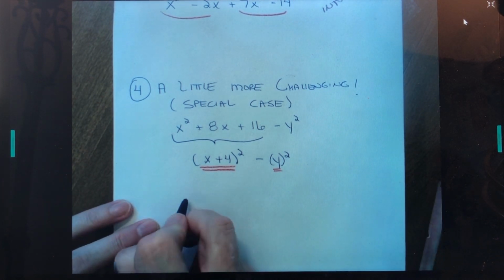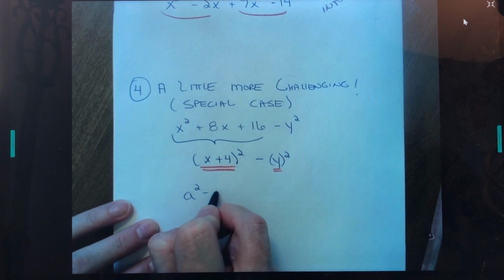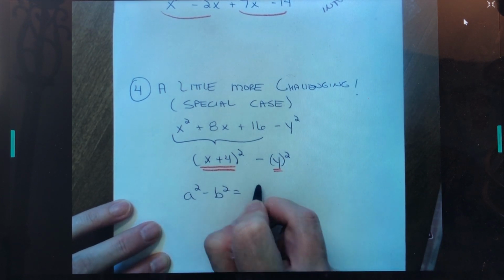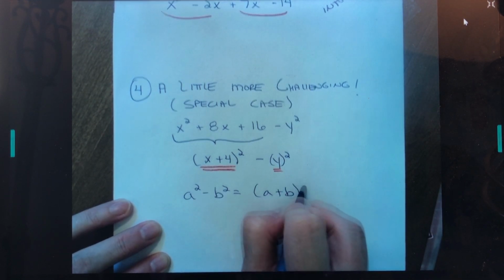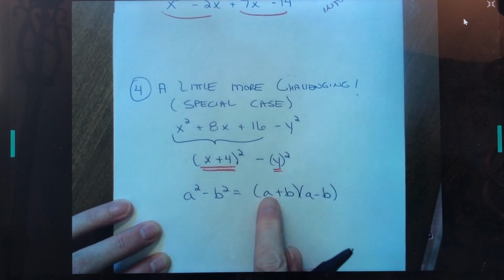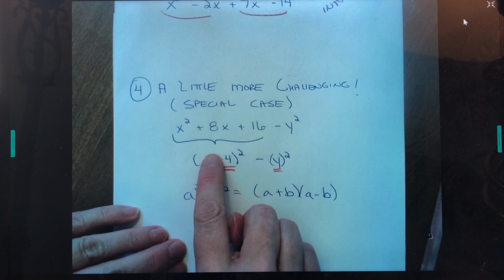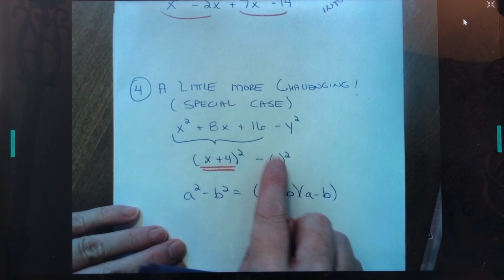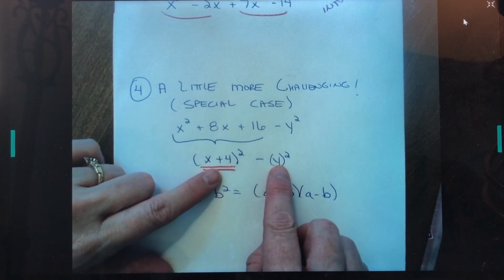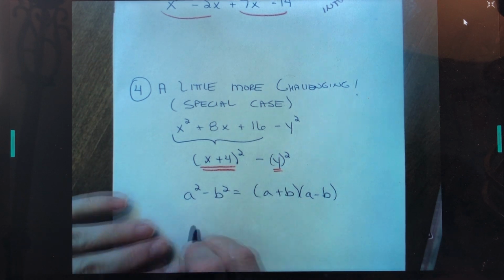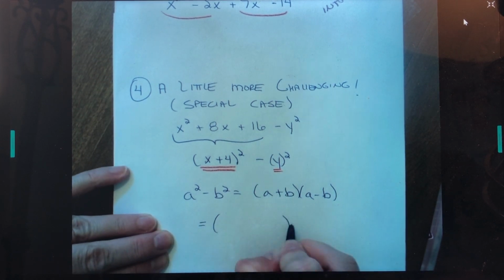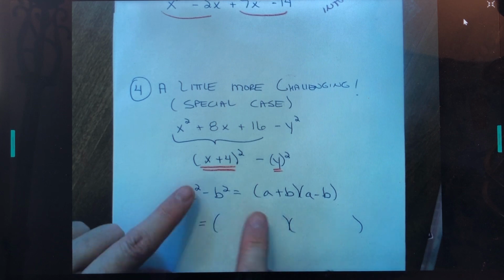So if you remember, difference of squares is I have a squared minus b squared, and that factors as a plus b times a minus b. And again, this was covered in the binomial video. So if we think about this whole piece as the a and this whole piece as the b, we're going to take these and map them into the formula.